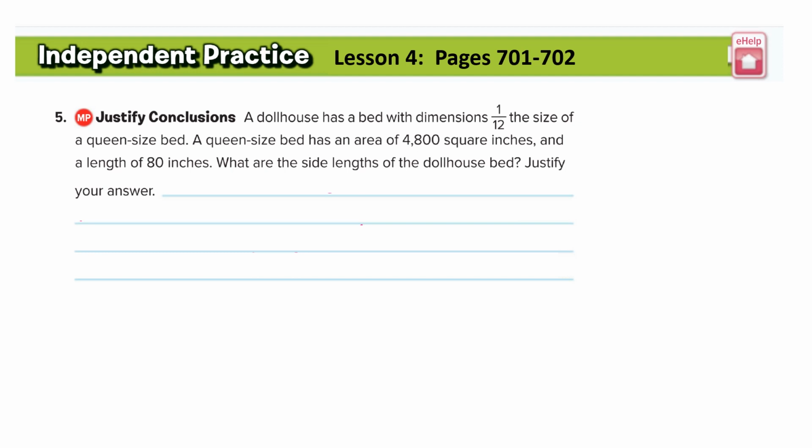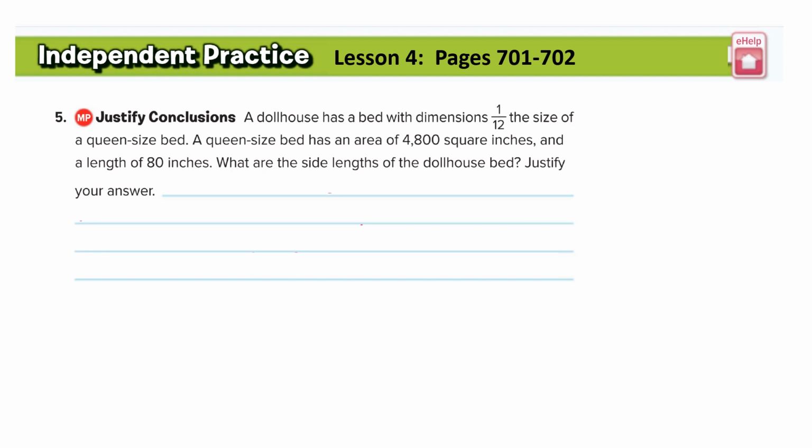Question 5. A dollhouse has a bed with dimensions 1/12 the size of a queen-sized bed. A queen-sized bed has an area of 4,800 square inches and a length of 80 inches. What are the side lengths of the dollhouse bed?